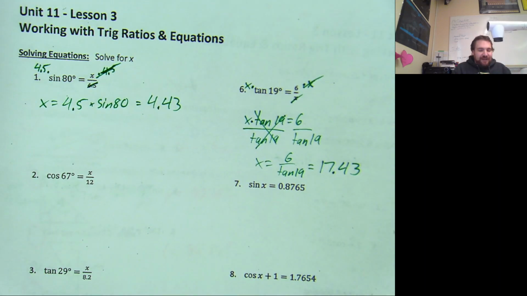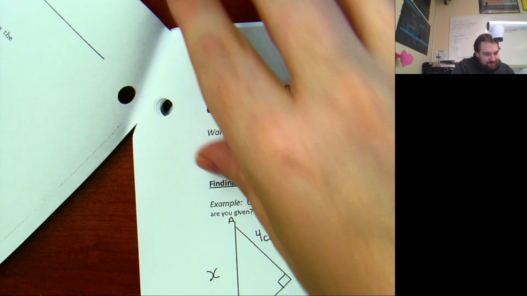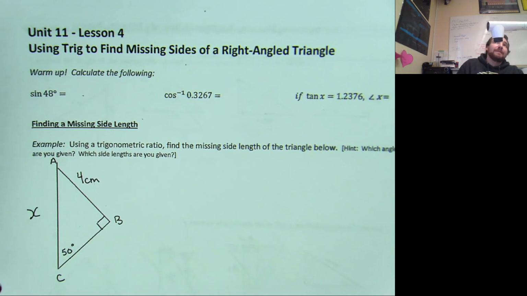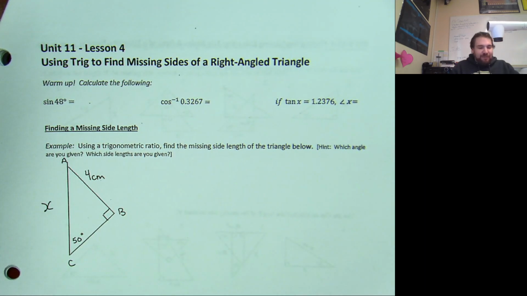The reason for this, I'm not going to flip the page. I'm not going to assign anything from here. Flip the page again to this page here, lesson 4. I'm not going to assign any homework from lesson 3.